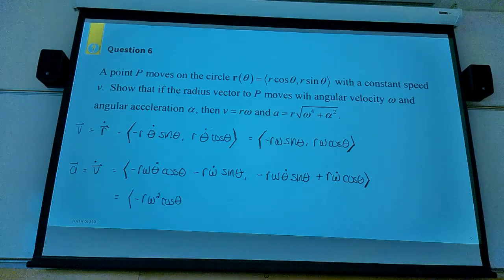Again, theta dot is just omega, but omega dot, change in angular speed with respect to time, is angular acceleration, right?